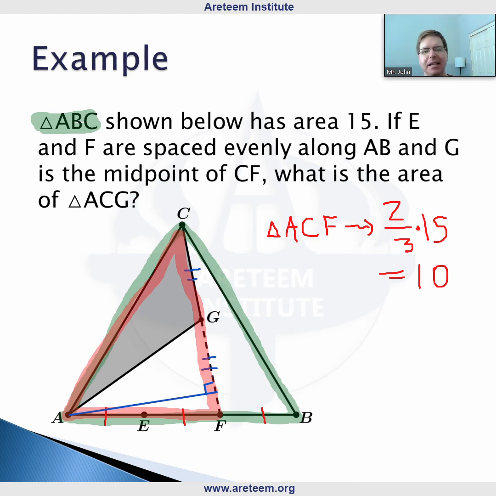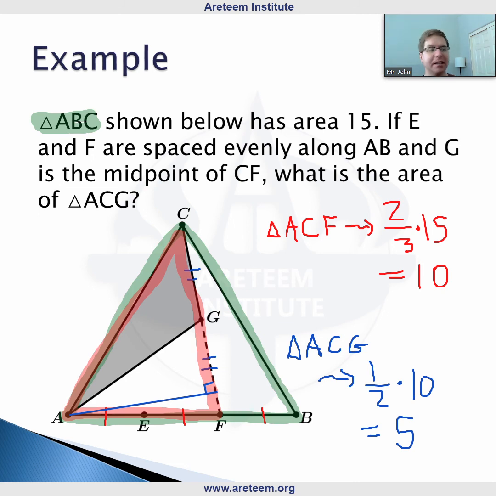The full triangle has an area of 10, and since we're splitting it at the midpoint, we have half and half. So the area of triangle ACG is going to be 1/2 of 10, which is 5.